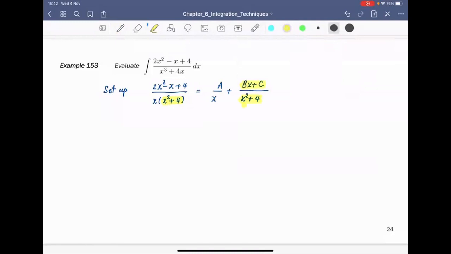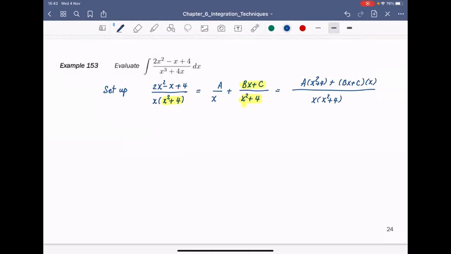You need to have the top one degree less than the bottom. The concept is the same. Once you set up the decomposition here, you can just clear out the denominator. So here I'm going to have A times (x squared plus 4) plus (Bx plus C) times x. All right, I'm going to simplify.